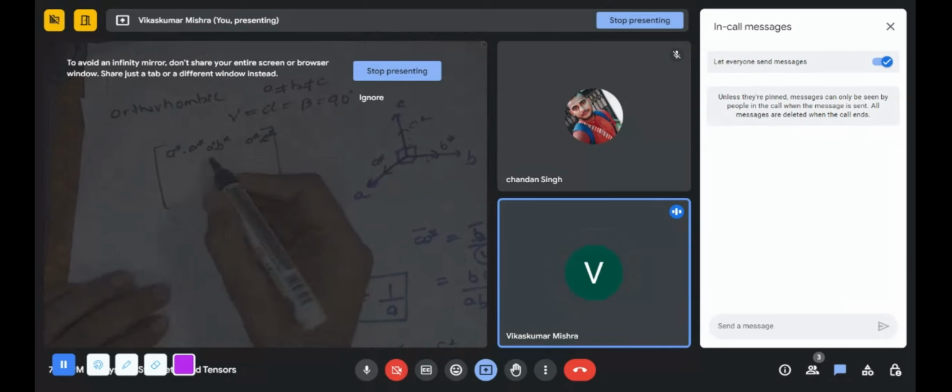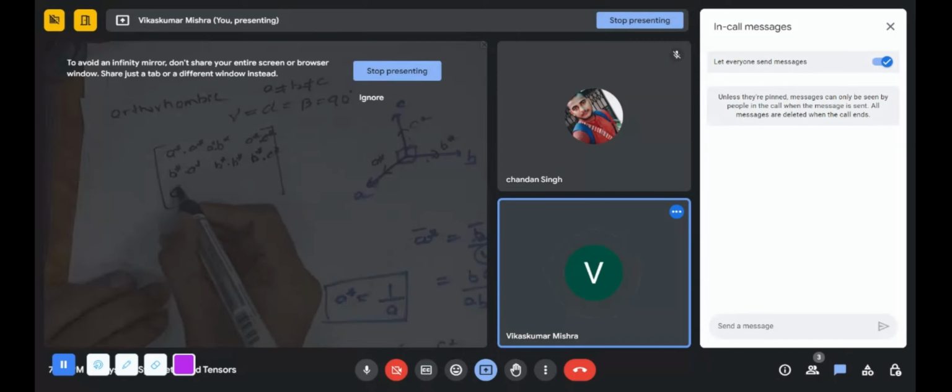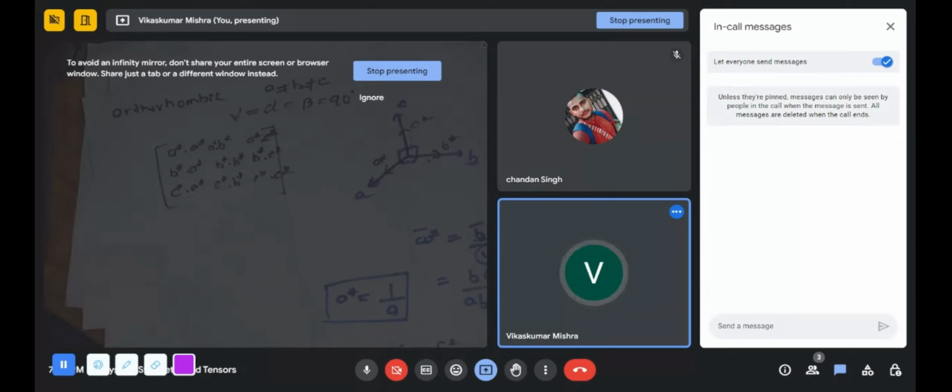Let me complete this first: B star dot A star, B star dot B star, and B star dot C star. C star dot A star, C star dot B star, and C star dot C star. Okay, look over here.